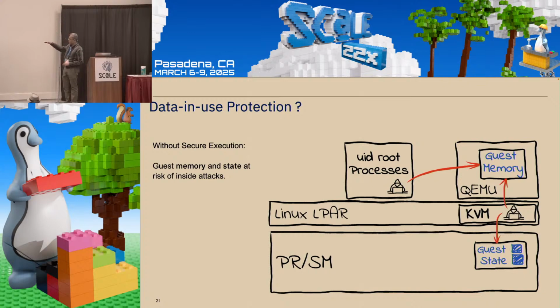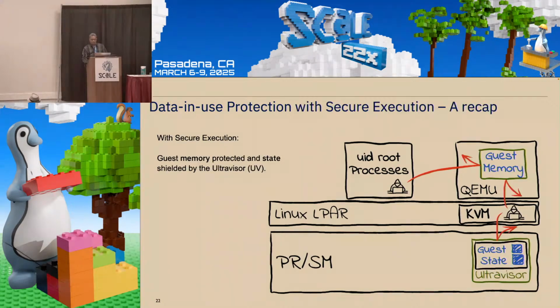In the same way, the one who has access to the KVM hypervisor with those privileges can take a snapshot of a running VM and thereby access the guest memory as well. And of course, whoever is able to access the VM services itself, with a UID root process, can directly access the guest memory too. So these are different ways in which data in use can be attacked.